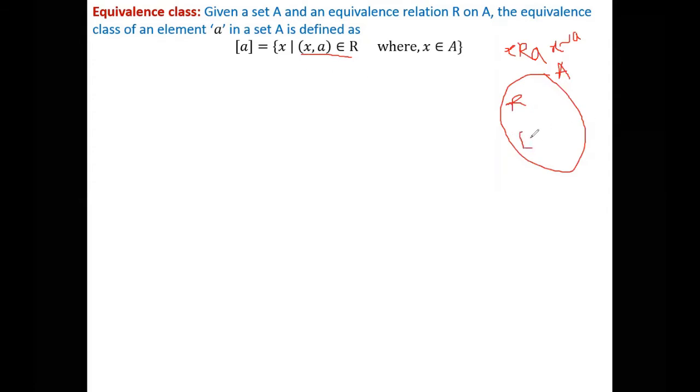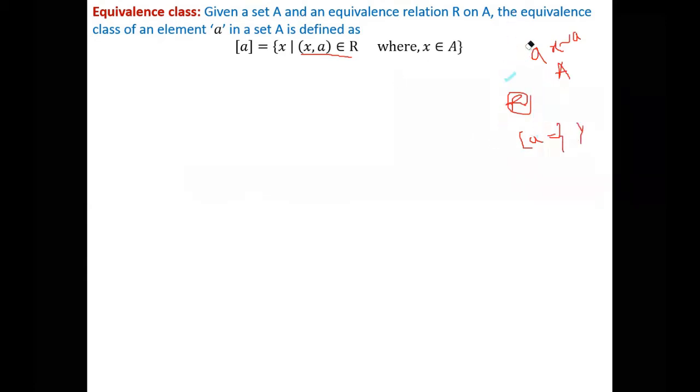Equivalence classes are the collection of those elements, arbitrary elements x, which are related with a somehow by the relation R. So it will contain some elements here.